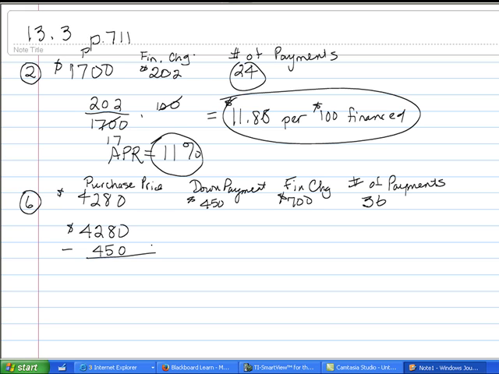Okay, so we have a finance charge of $700. So we need to add that on. And now we need to divide that over the 36 payments.